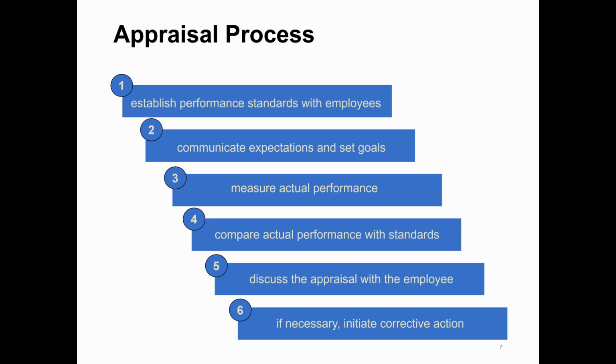Number five, discuss the appraisal with the employee. For example, if the employee doesn't reach that standard, then that gap area or skill gap needs to be discussed with that employee as well. And in the last phase, a corrective action should be taken in terms of fulfilling that skill gap.